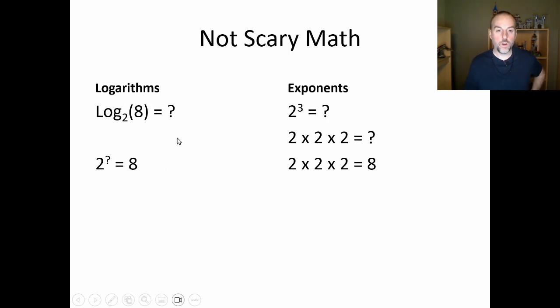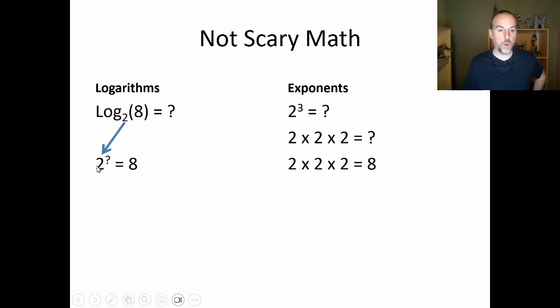Now this logarithm is really just that exponent rewritten. So how do we go from here to here? So 2 to the power of what equals 8? Well, we know 2 to the power of 3 equals 8. And that question is really the same as log base 2 of 8 equals what? So what we do, we're always going to be using log base 2.